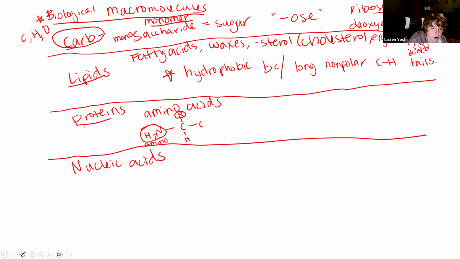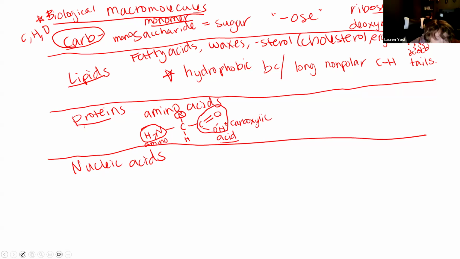And it's also attached to a carboxyl group. You guys remember carboxyl. We got a C double bonded to an O, as well as single bonded to an OH group. That H can come off and leave that O out, which is why this is the acid part of the amino acid, because we have carboxylic acid here. All right, so that's why it's an amino acid.